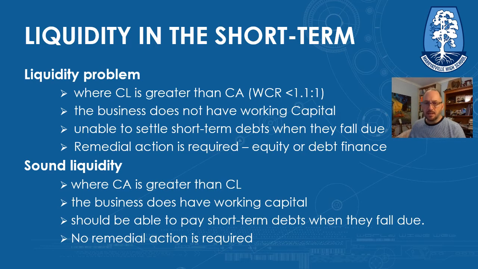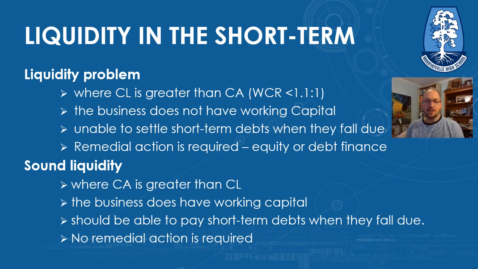Let's discuss having a liquidity problem and see if these guys have a liquidity problem. A liquidity problem is where your current liabilities are greater than your current assets. Now let's make it a working capital ratio of less than 1.1 is to 1. So we're suggesting here that if we've got current assets only slightly larger than current liabilities, where your working capital ratio is below 1.1 is to 1, that's considered insufficient.